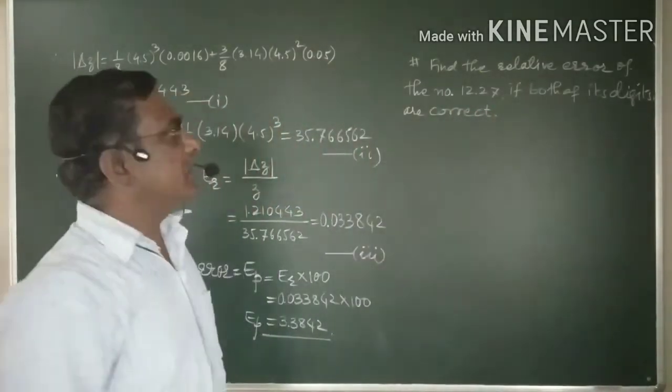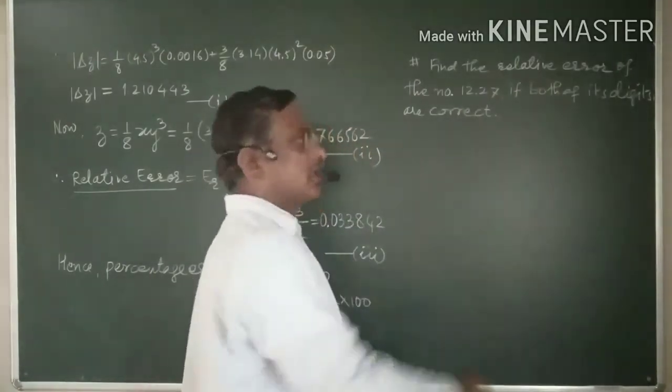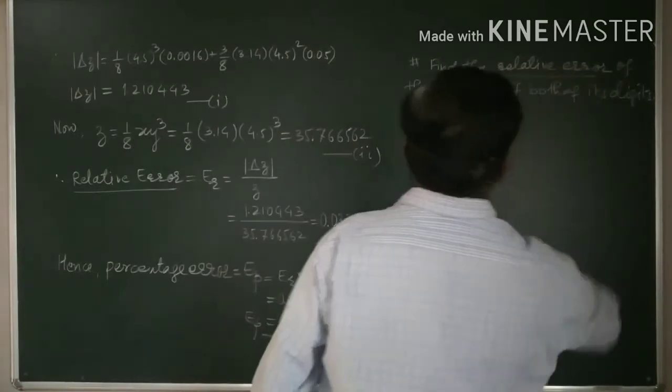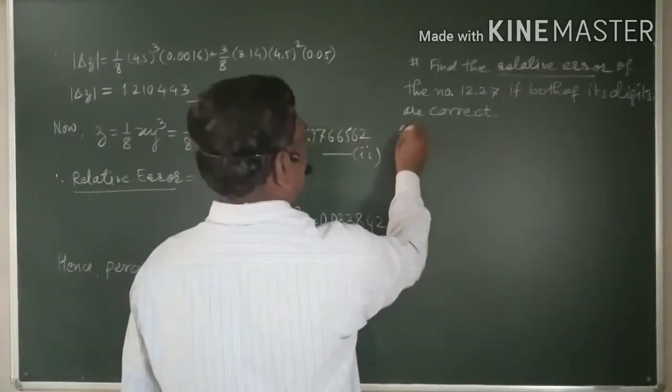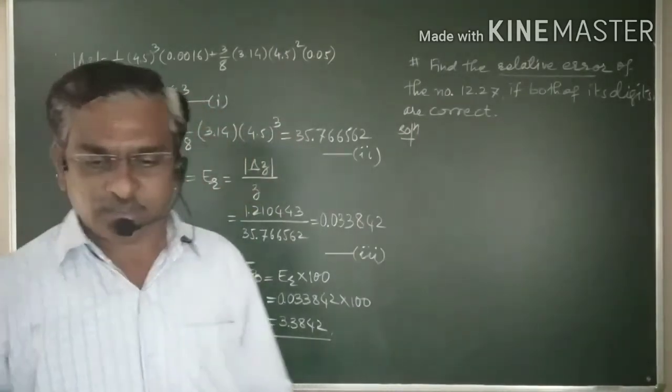If we are assuming that all the digits 1, 2, 3, 4 are correct here in this number, we need to obtain the relative error here in this number 12.27.